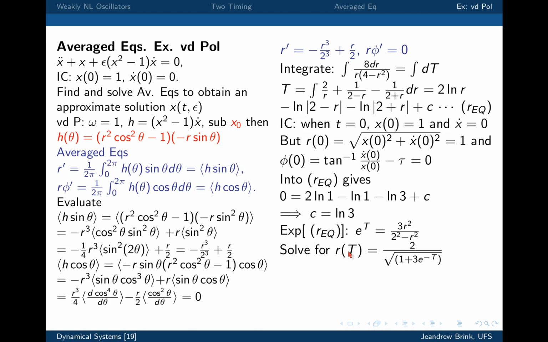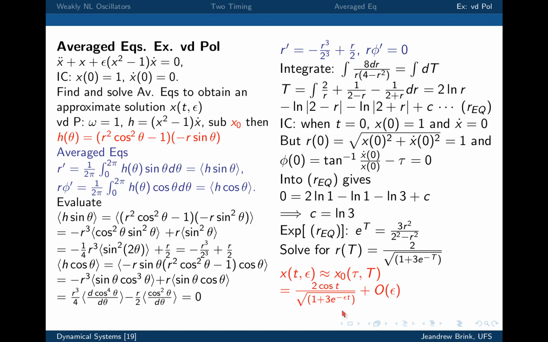So you now have how your amplitude evolves on average in time, and you can write down the approximate solution simply by putting in your amplitude r of t times cos of t. You can plot that and compare it to your integrated solution. You'll find it's exceedingly close.